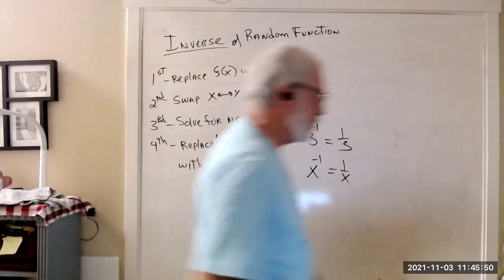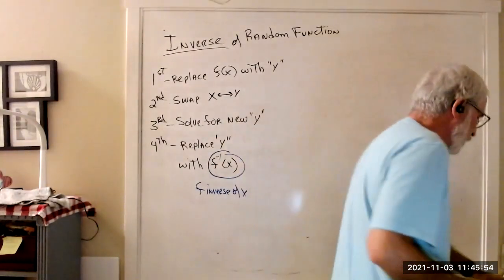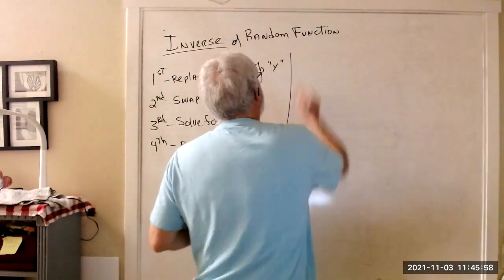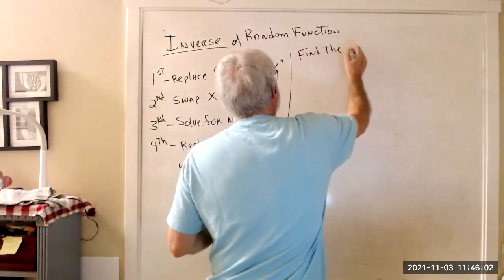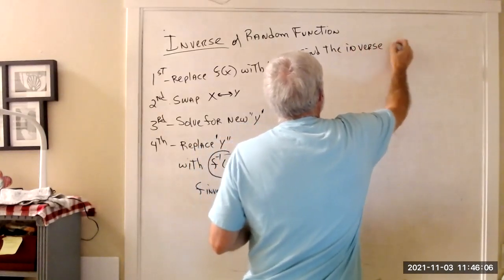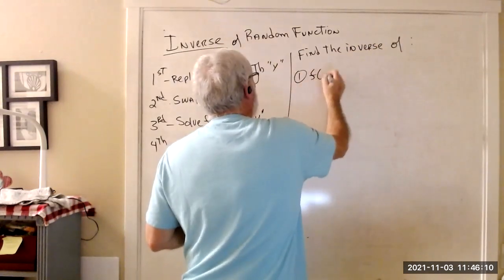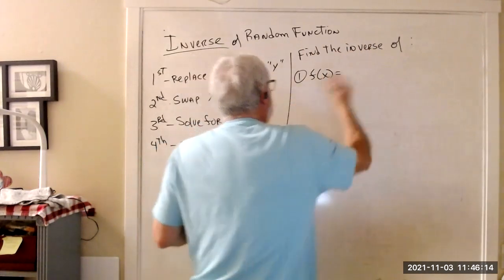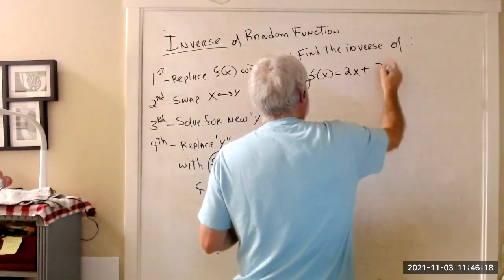Well, let me go through the steps for one or two examples, and then we'll call it a night. Find the inverse of, okay, number one. Suppose f of x was 2x plus 7.